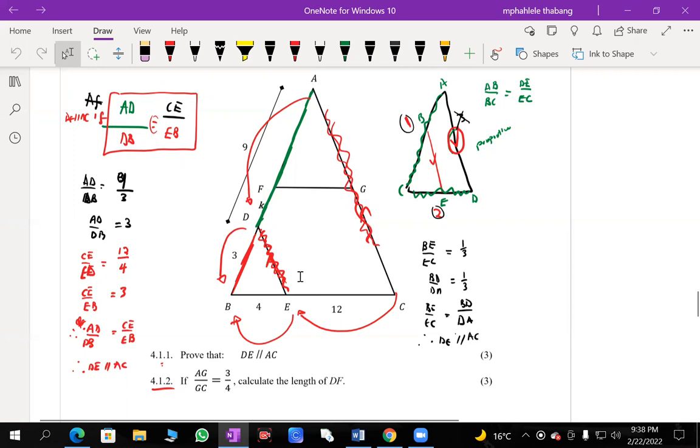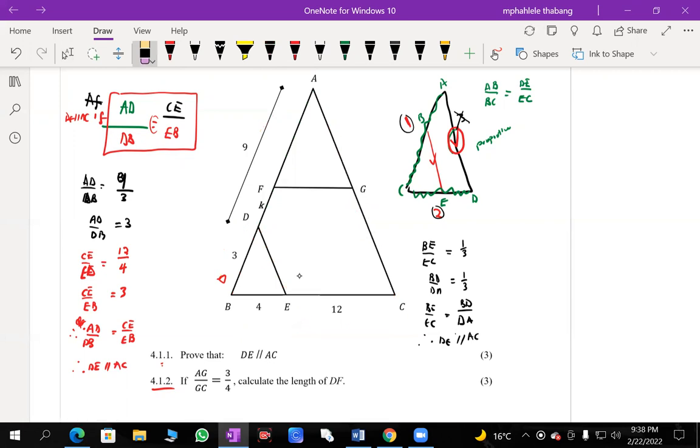FG is parallel to BC. What you're talking about is only valid when FG is parallel to BC.